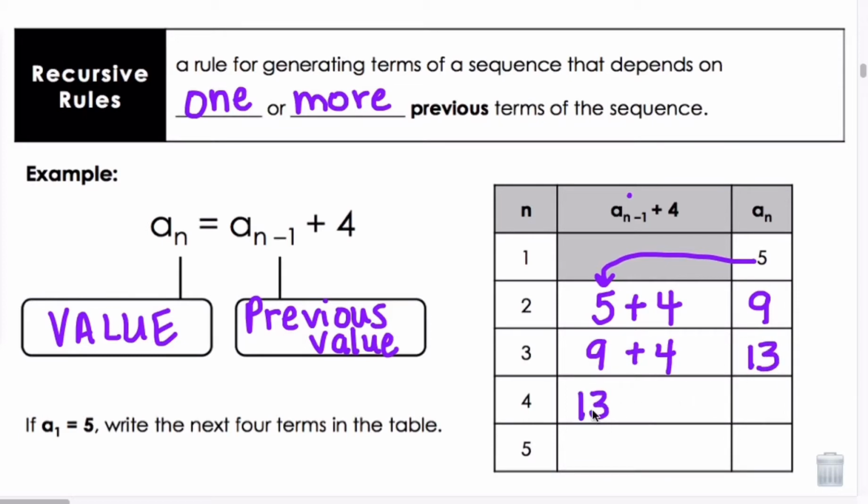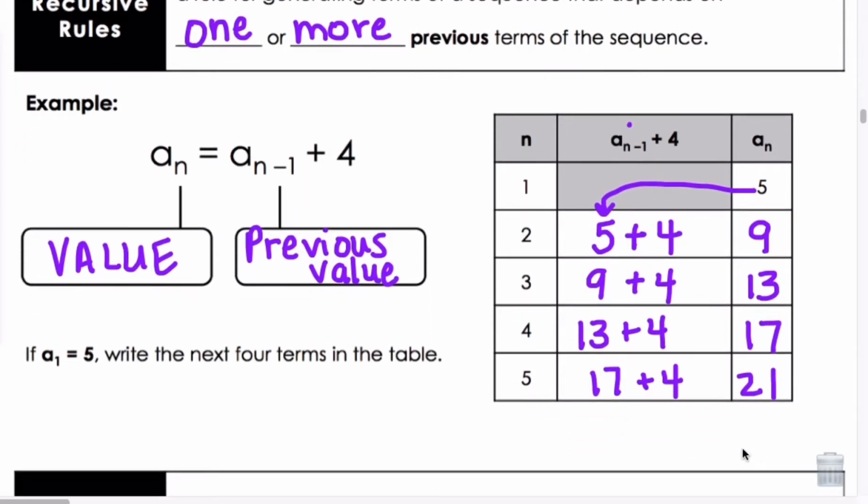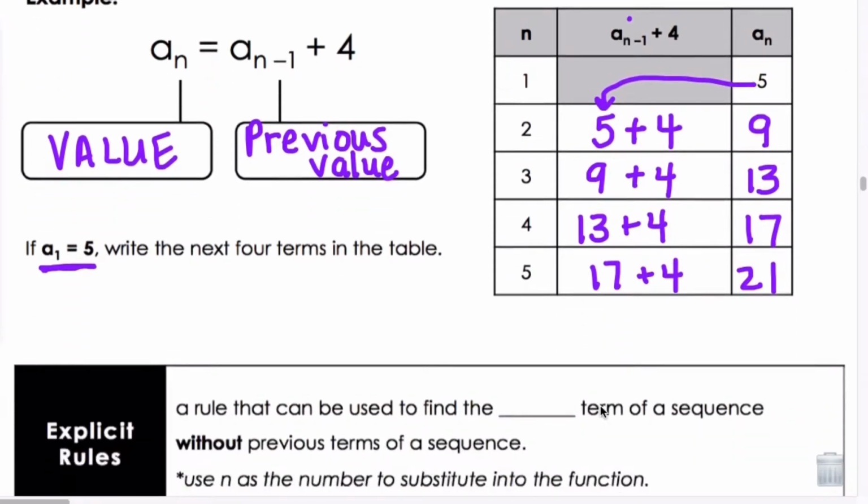I add the previous term plus 4 to get 17, and so forth. And this is when a sub 1 is 5. So we do have to have that first term to help us. We need that previous term in order to find the next terms. And that's a recursive rule.